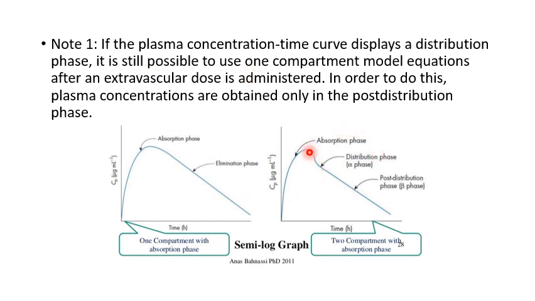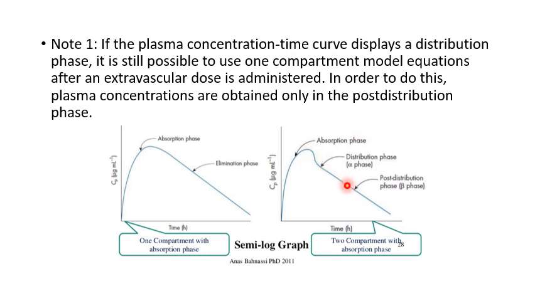On a semilog paper, this should be considered as a two compartment model, because, as you see in this figure, there's a distribution phase, and here is the elimination phase. We can still use the one compartment model for the calculation of concentrations anywhere following the distribution phase.